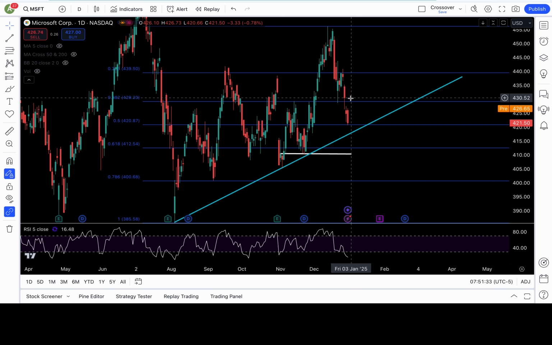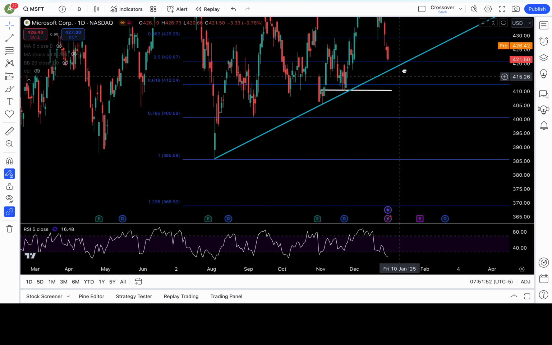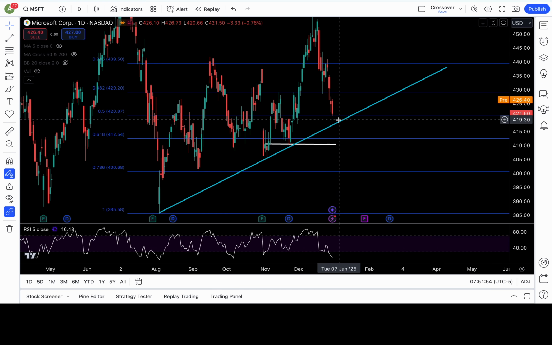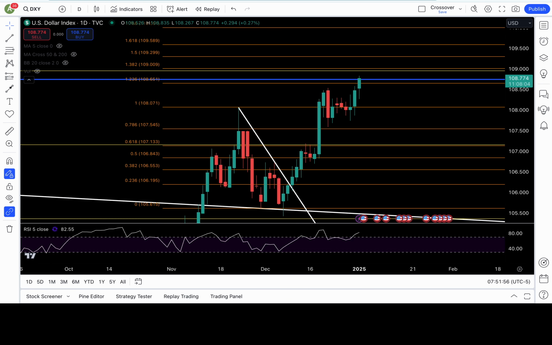There is a gap at 430.5, and if that can clear, 432 or higher is incoming. If this is a gap and crap, then 426.5, 425 must fail to put 423.5, 422, and 420.8 all back in play. And below 420.8 could give us a test of this trend line here, which would be around 418 to the 419 area.